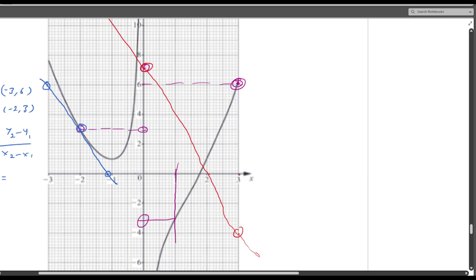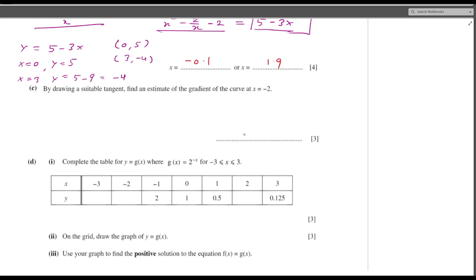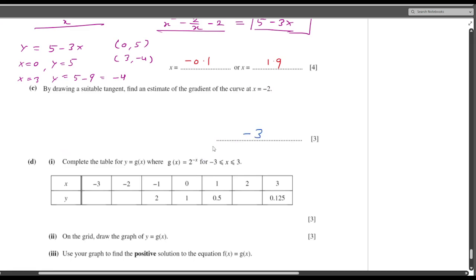Here y2 minus y1 is 3 minus 6, upon x2 minus x1, which is minus 2 plus 3. So 3 minus 6 is minus 3, upon 1. So minus 3 will be your answer. This is for 3 marks.